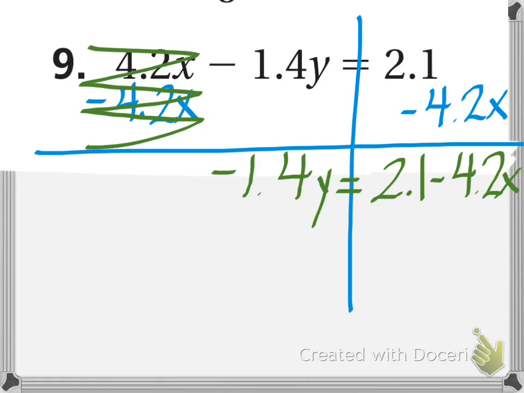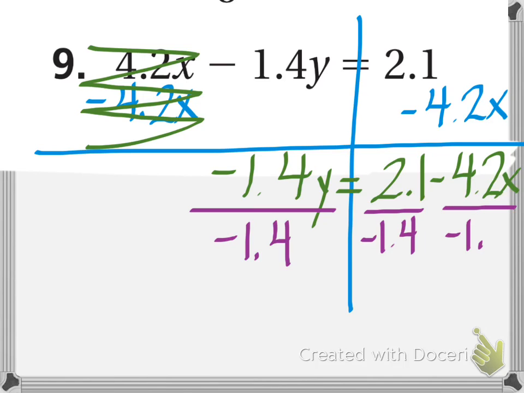Now our last step is to get y totally alone. So we have it so it's the only term on the left-hand side, but we need to get rid of its coefficient. To get rid of coefficients, we always divide by the coefficient. So we are dividing each term by negative 1 and 4/10.